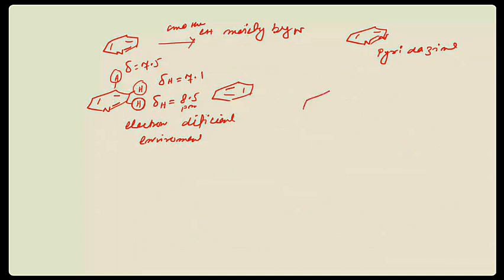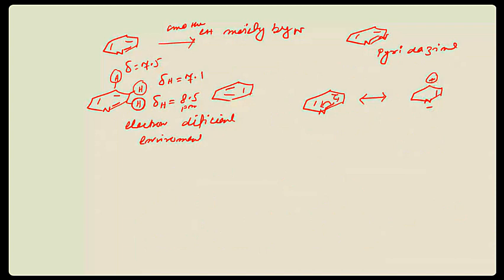The reason is that if this kind of delocalization happens from the nitrogen, see what is going to be. This is N minus here, and because of this electron delocalization, this carbon has quite a positive charge.